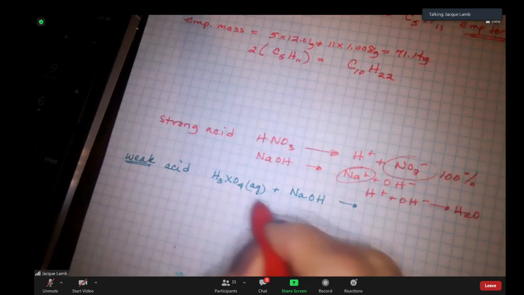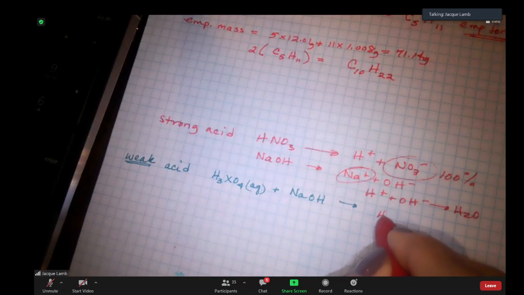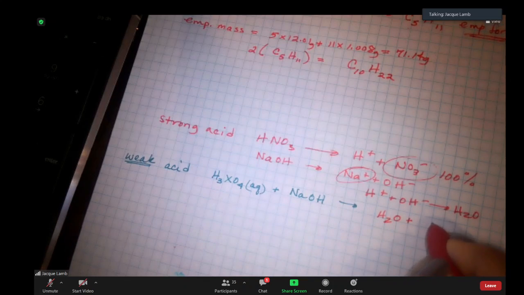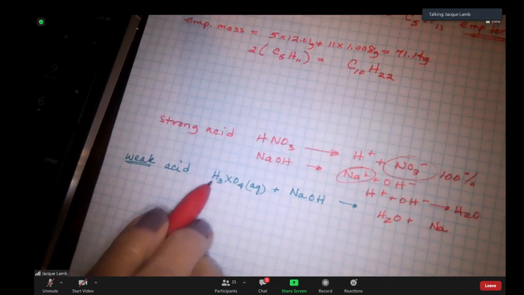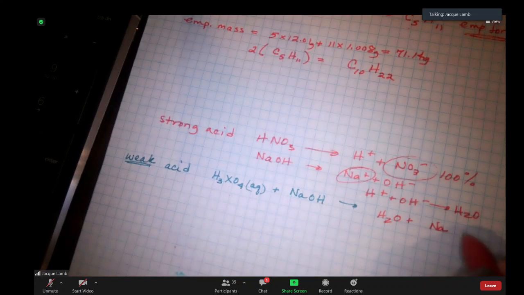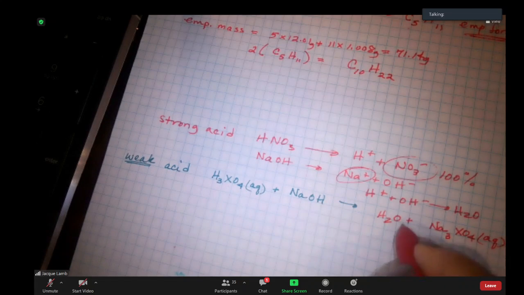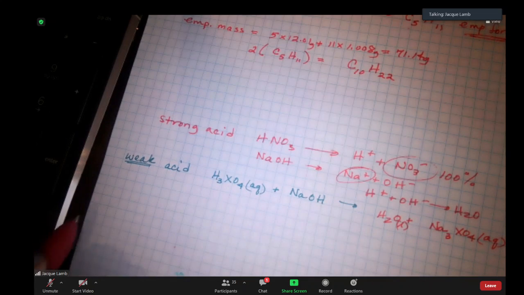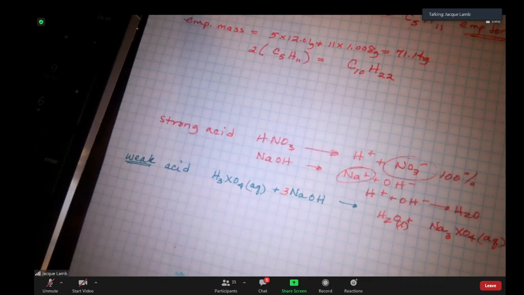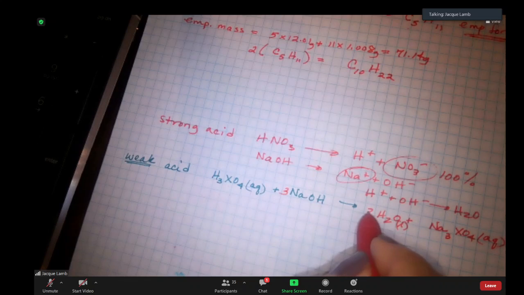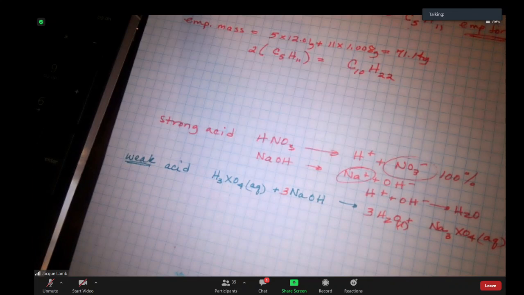So your product is going to be H2O plus Na, and this has a 3 minus charge. We know that because there are 3 hydrogens. So it's Na3XO4, and this is aqueous, and this is liquid. Okay, so to balance this, we're going to need 3 NaOH, and we're going to make 3 waters.